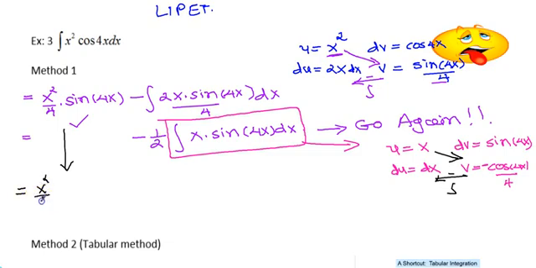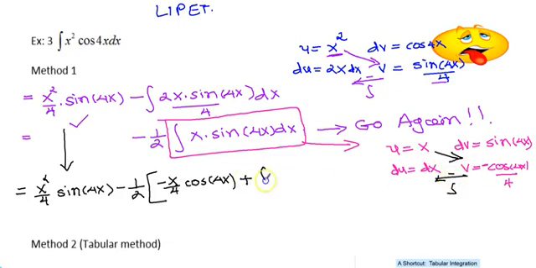X square over 4 sine 4x minus 1/2 and all these answers. So that will be negative x over 4 cosine 4x minus integral, then 2 negatives make it positive, cosine 4x over 4 dx.